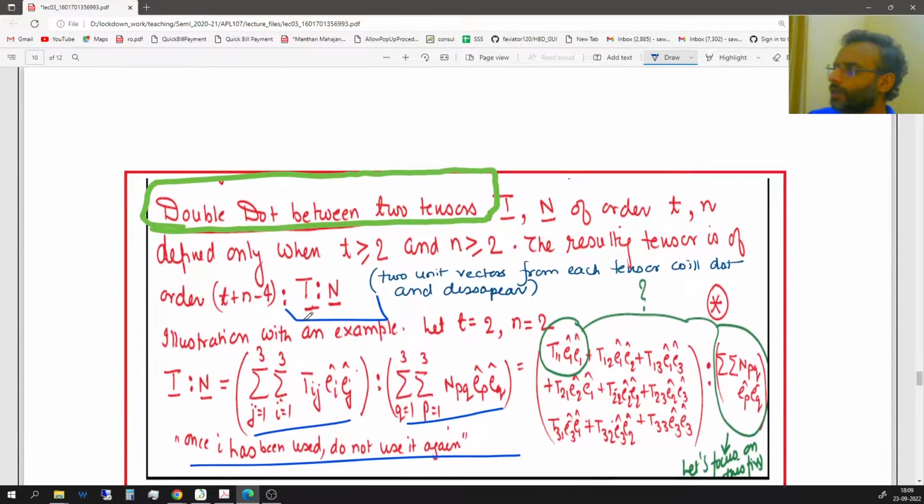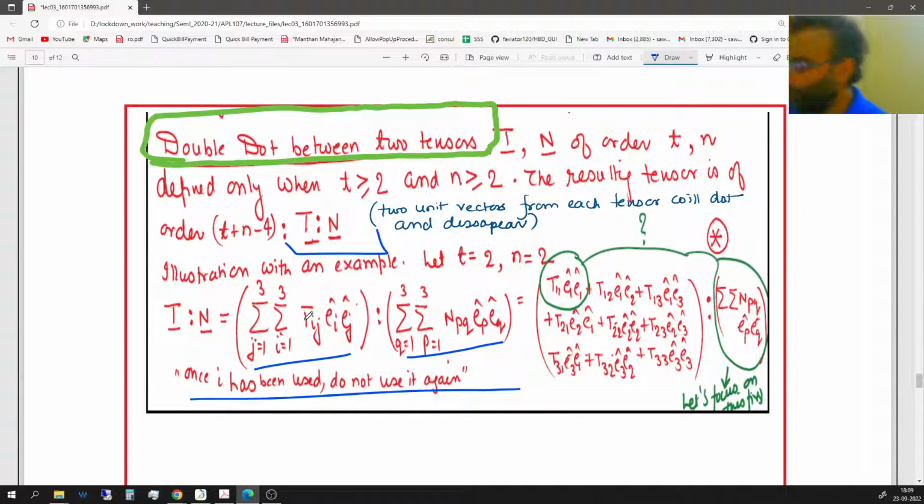Okay? Now let's talk about double dot between two tensors, the double dot operation between two tensors. For the double dot operation to be defined between these two tensors, of order small t and small n, we must have t greater than or equal to 2 and n greater than or equal to 2.